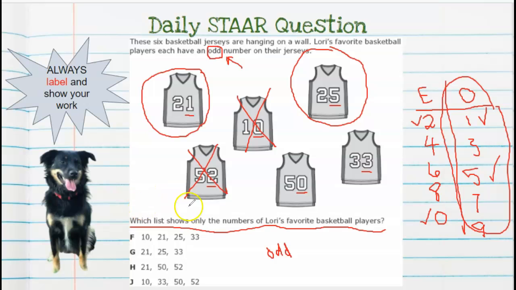I don't want any even numbers. 50, the number 0. Where's the number 0? It's over here, which means that's even. I don't want any even numbers. And 33 is over here in the odd section, so I know 33 is odd. So we're looking for 21, 25, 33. 21, 25, 33, which means G is our answer.